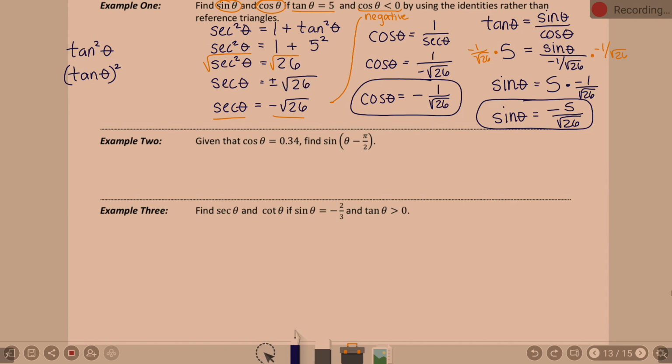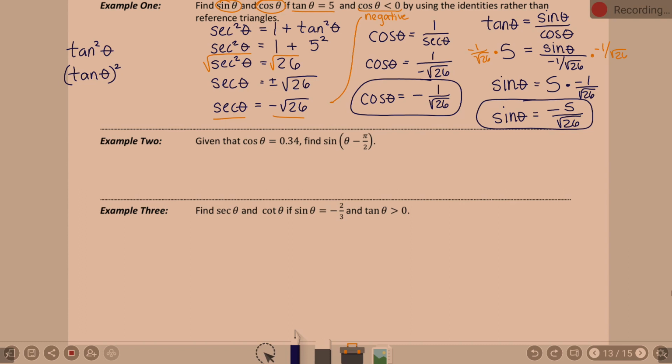We'll get to practice that process again with example 3, but we're going to do something slightly different in example 2. Given that cosine of theta equals 34/100ths, find sine of theta minus pi over 2. First of all, you'll notice some whiteout on this page. Yeah, I goofed, okay? I had typed these up last week and copied them on Friday before I left.